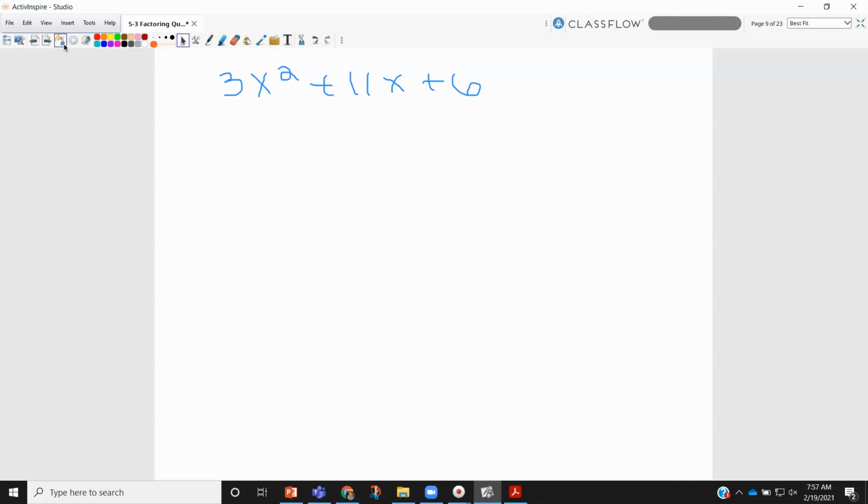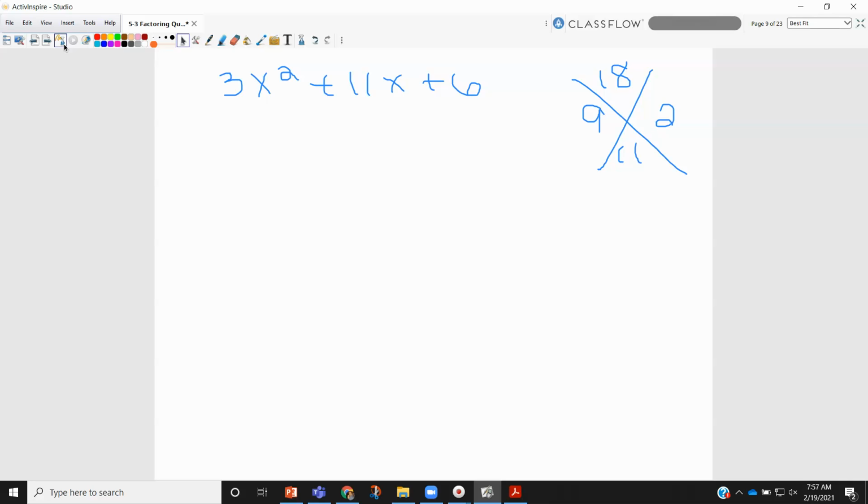Now when you do your magic X, you have 3 times 6, which is 18. And then we have 11. So I need factors of 18 that sum to 11. Since it's positive, positive, both my factors are positive. So that will be 9 and 2.